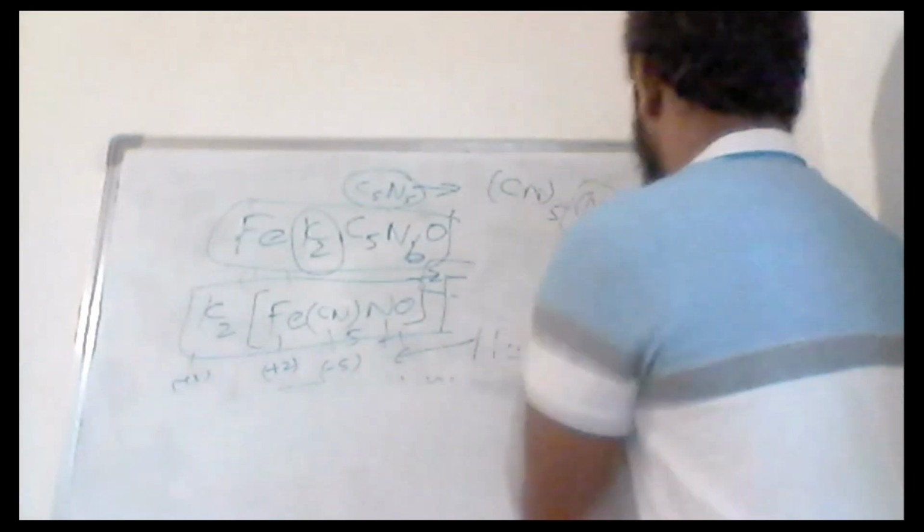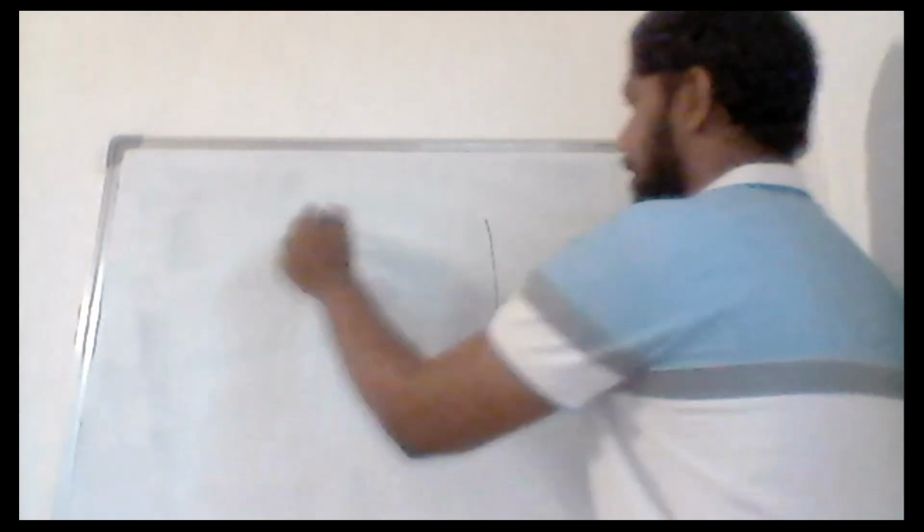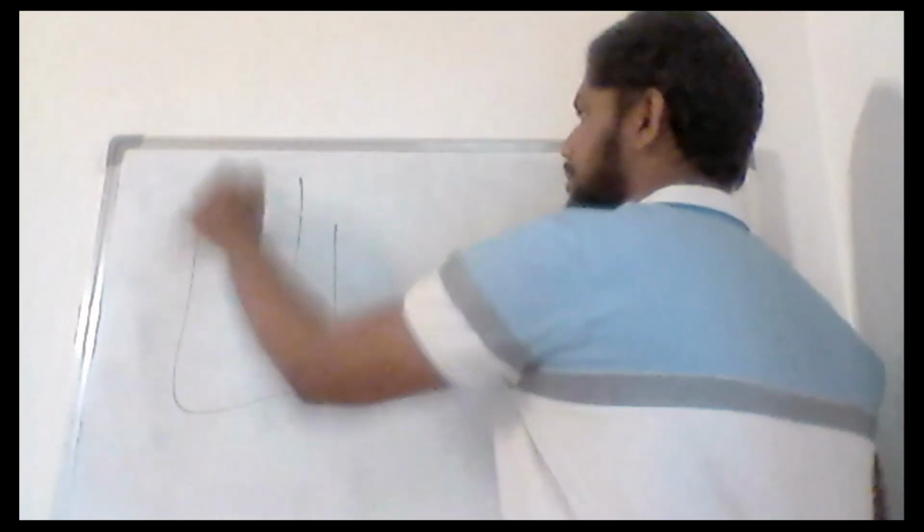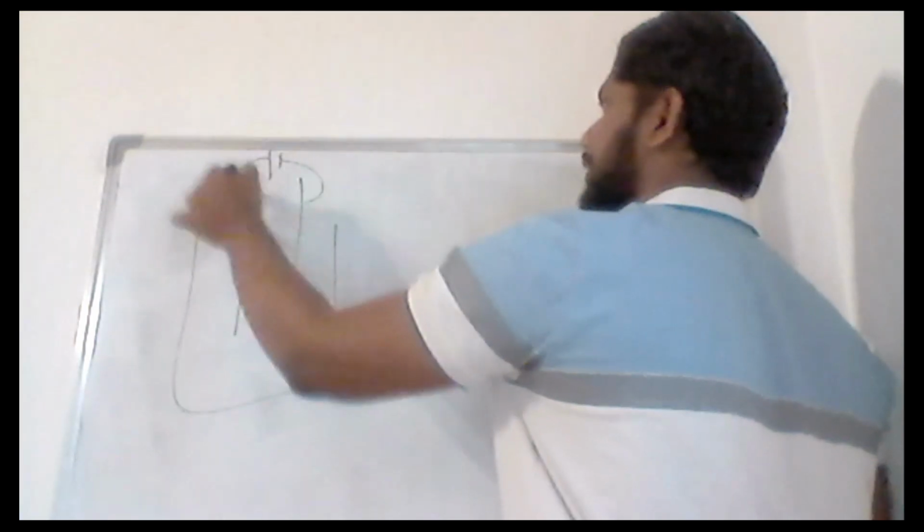Okay, so this is our electrochemical cell. I will draw a little bit towards the left, because I can do the calculation on the right-hand side. So this is our electrolytic cell, connected to the battery.